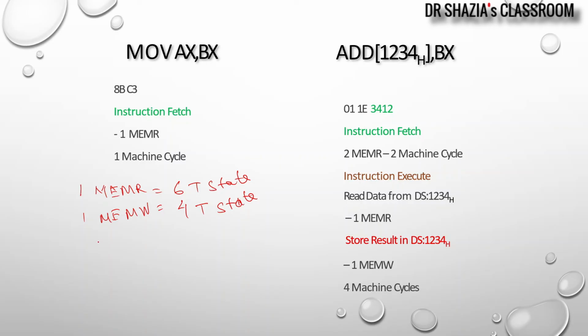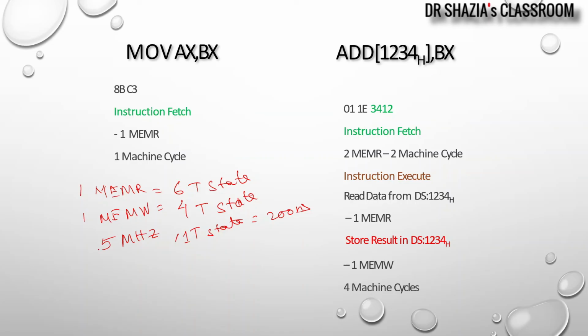The processor is a 5 megahertz processor, so 1 T state will be of duration 200 nanoseconds. How much time will be required by the processor to execute ADD [1234h], BX?